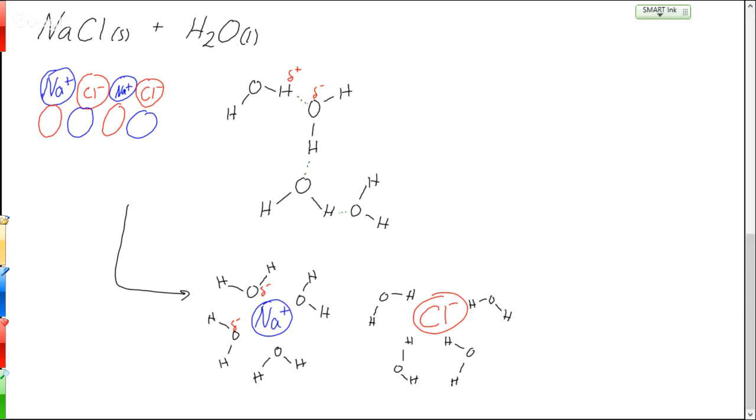Right, that kind of thing. And then because there's so much more water than there is sodium or chloride, these things end up making what we might call bridges between them, so that that hydrogen bonding network stays intact.